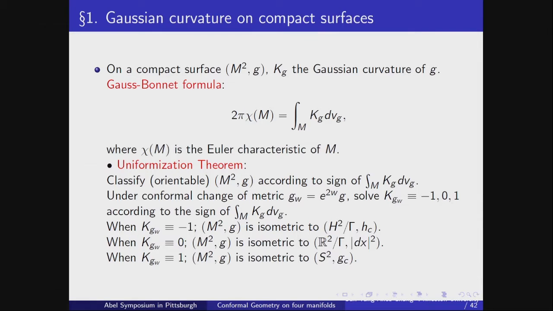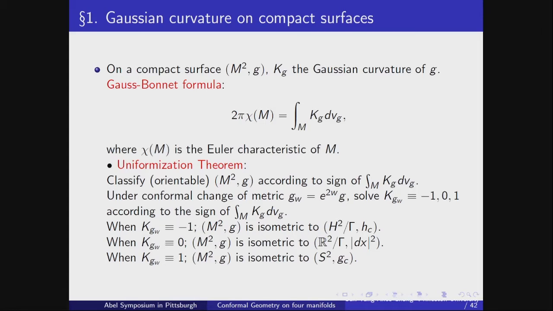The left-hand side, Euler characteristic, counts the number of genus of the surface, a topological quantity. And the right-hand side, the integration of Gaussian curvature, is an analytic and geometric quantity. So this formula is a wonderful formula which tells you the relation between topology, the shape of the manifold, and some analytic quantity.